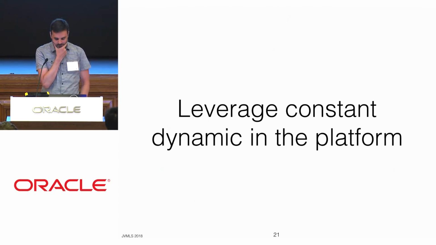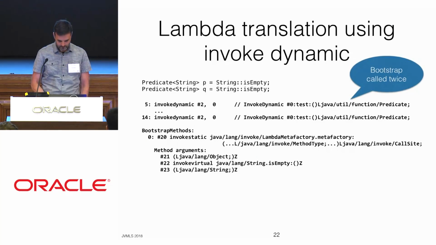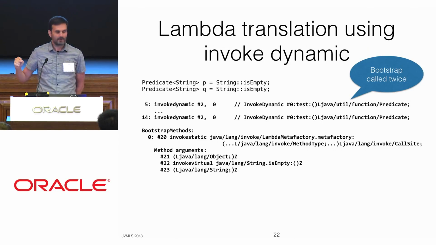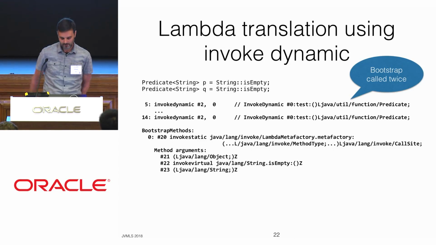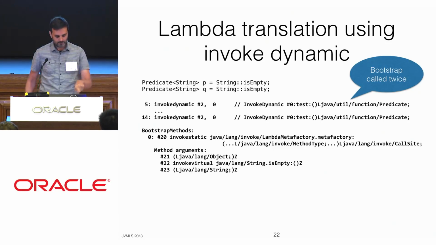So what can we do to leverage ConstantDynamic in our own platform? As Dan mentioned, with Invokedynamic, it's the instruction where the linkage occurs and the work occurs. And so when you have these method references here, String::isEmpty, if you declare it more than once, you get two Invokedynamic instructions.